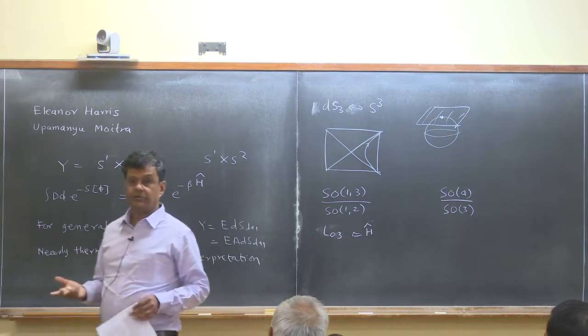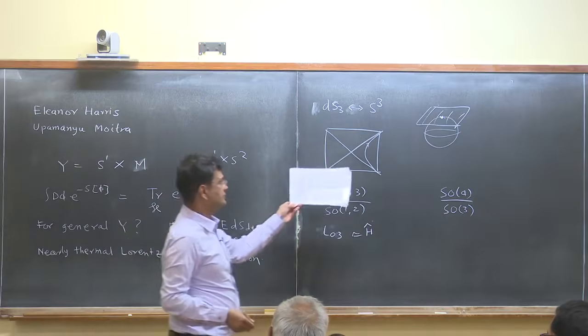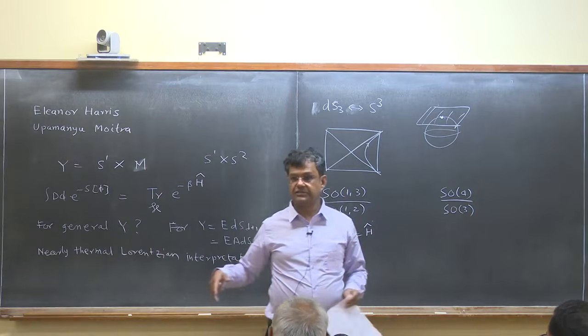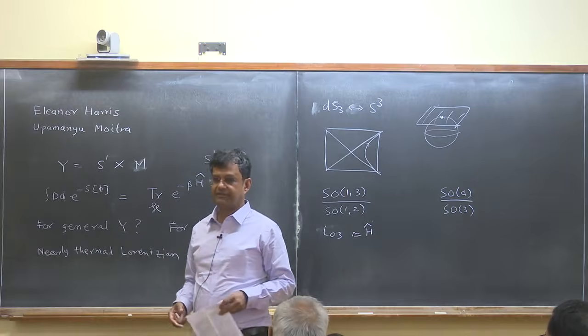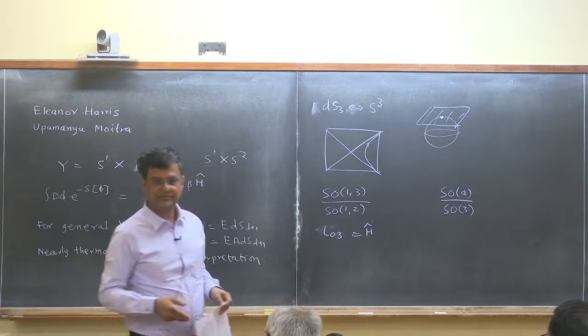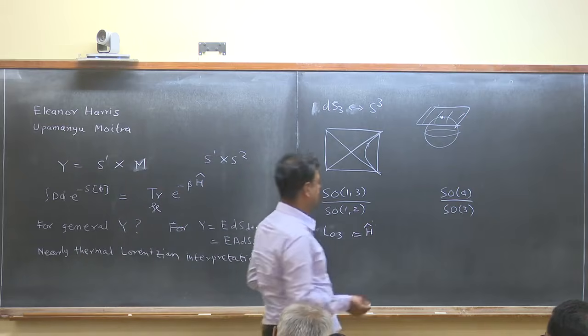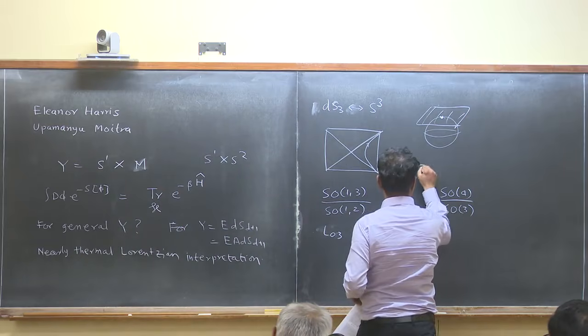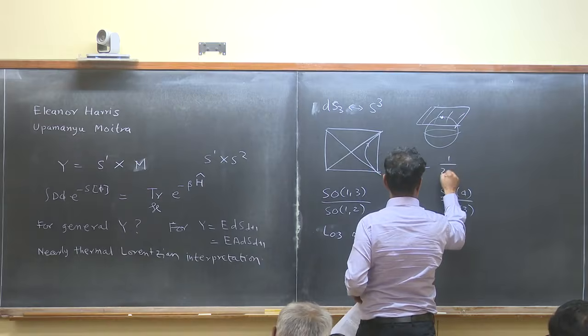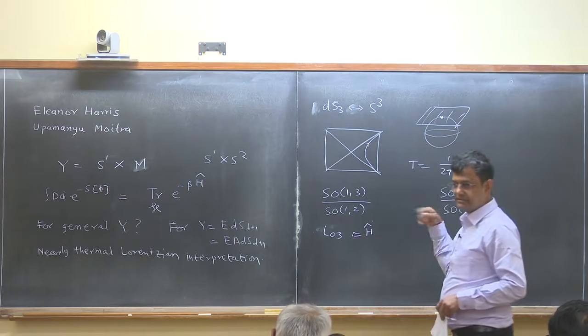And we know that this observer is in uniform accelerated motion, like a Rindler observer, and she would notice temperature 1 upon 2 pi in de Sitter radius units.